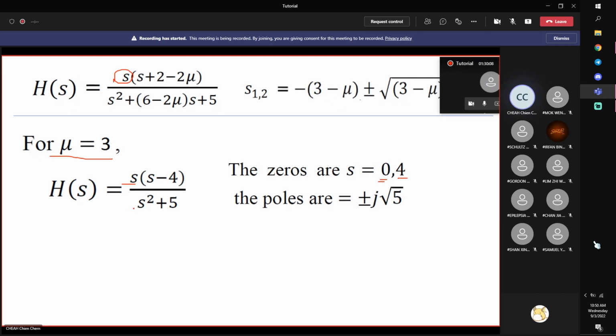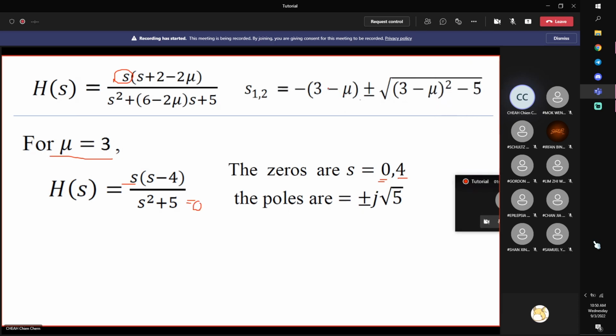Poles are where s squared plus 5 is equal to 0. So you either solve this s squared plus 5 equal to 0, give you this one, or you go to this if you have the solution, right? Mu equal to 3, you get square root negative 5, which means what? Plus minus j square root 5. Okay.